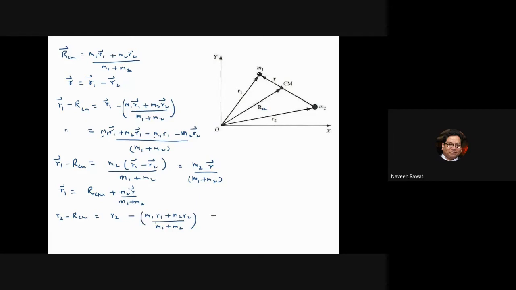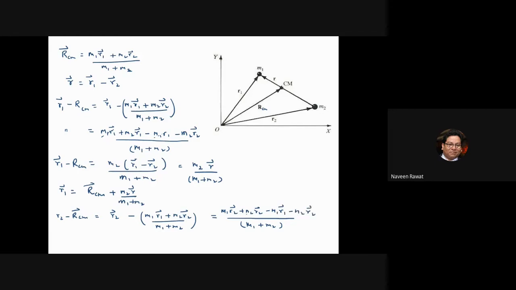And similarly, when I take the LCM, I will get m1 plus m2 in the denominator, and in the numerator, I will get m1 r2 plus m2 r2. Okay, I just need to remember that all of these are vectors. Okay, and I have minus m1 r1 minus m2 r2.